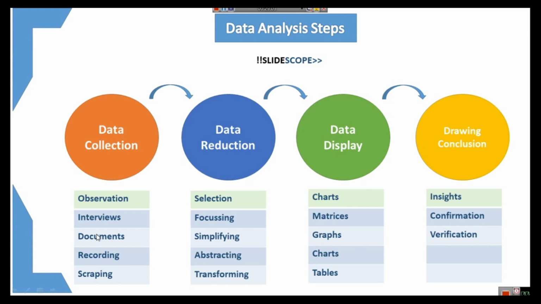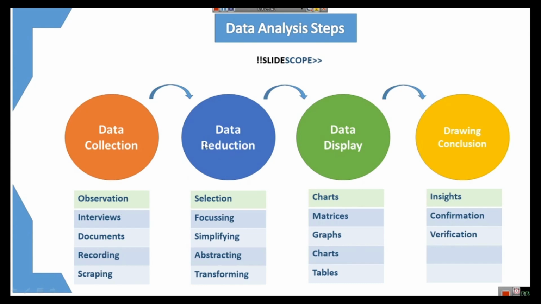You can record, or you can have a recording, that is already a data collection. You can scrape data. Web scraping is a very common technique in data science to collect data. You can use languages like Python or PHP to scrape data from websites for the sake of understanding, analysis, and collection.